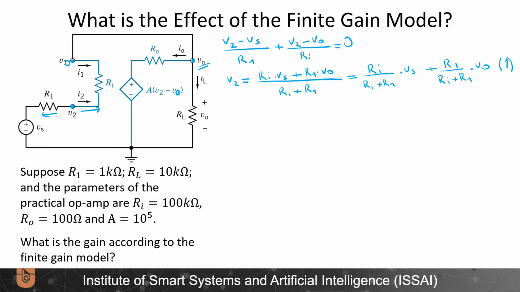From KCL we found V2 as a function of Vs and V0. Now what else can I do? I can try to write Kirchhoff's current law for this V0.